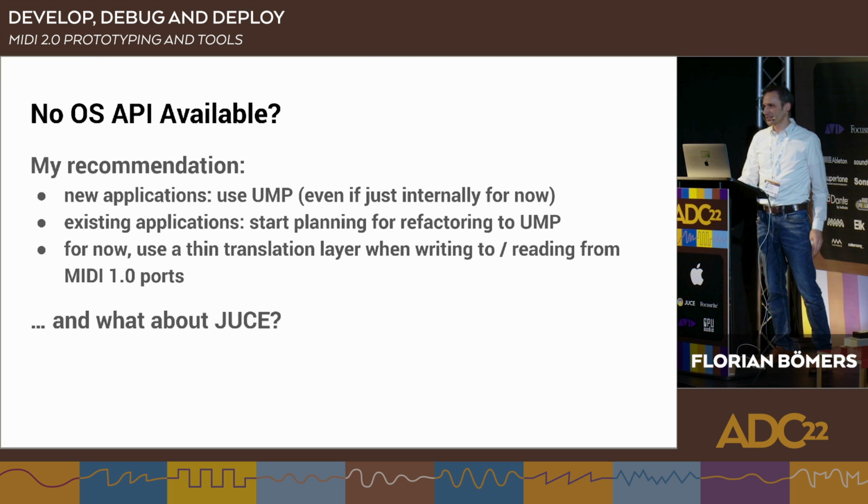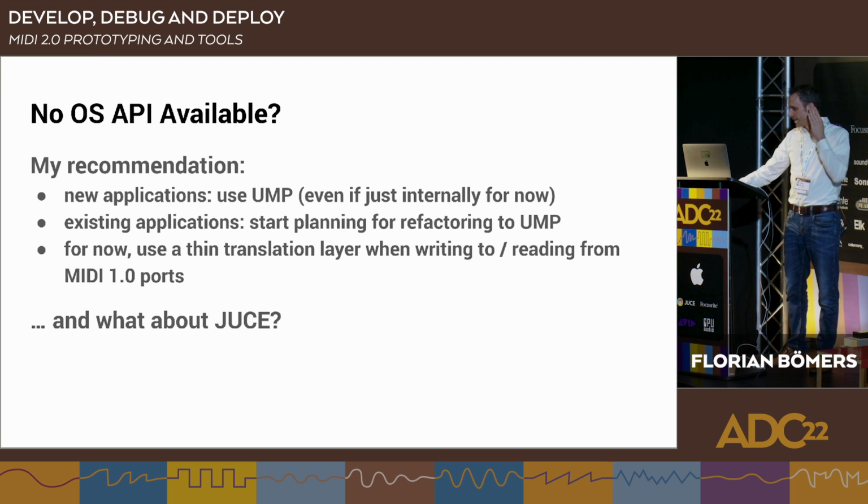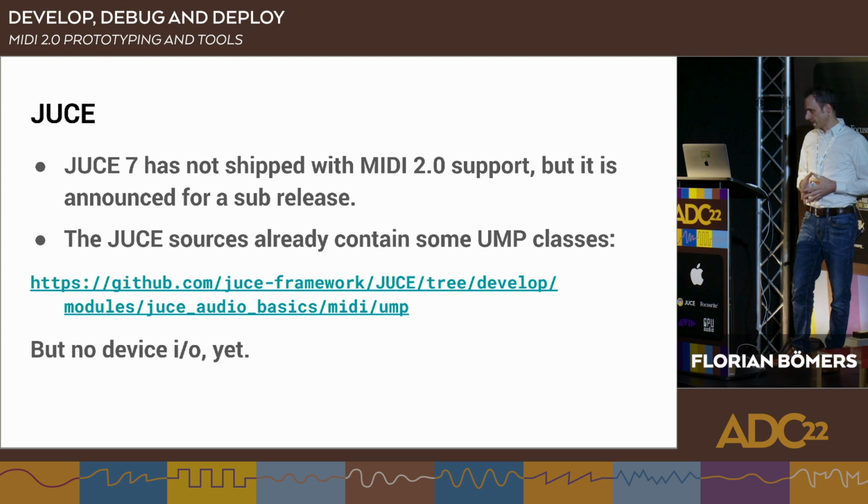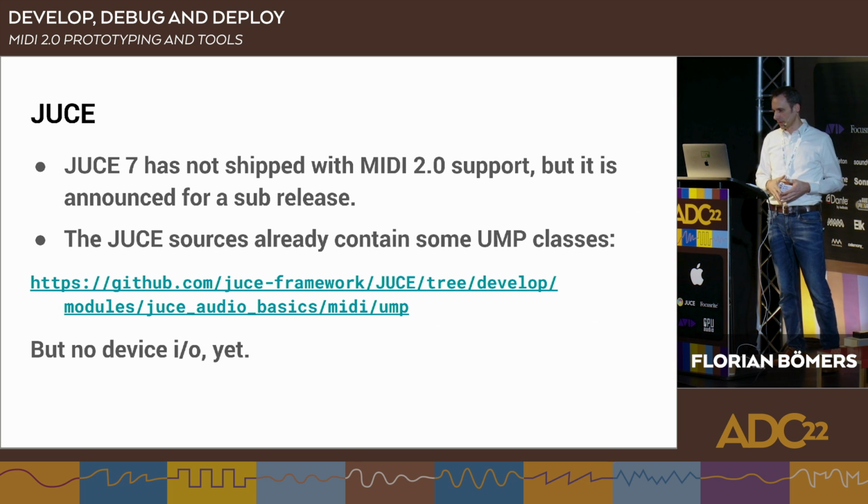And then there is also Juice, which announced MIDI 2.0 support a while ago, but unfortunately it hasn't shipped yet with a complete MIDI 2 implementation. It's also somewhat difficult because it wouldn't work on Windows.